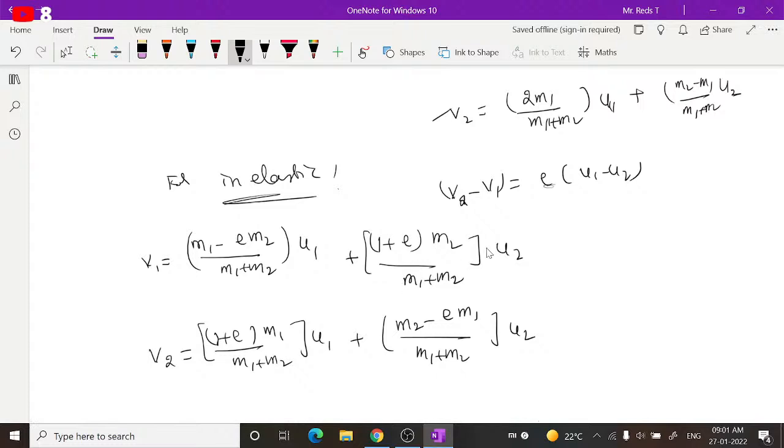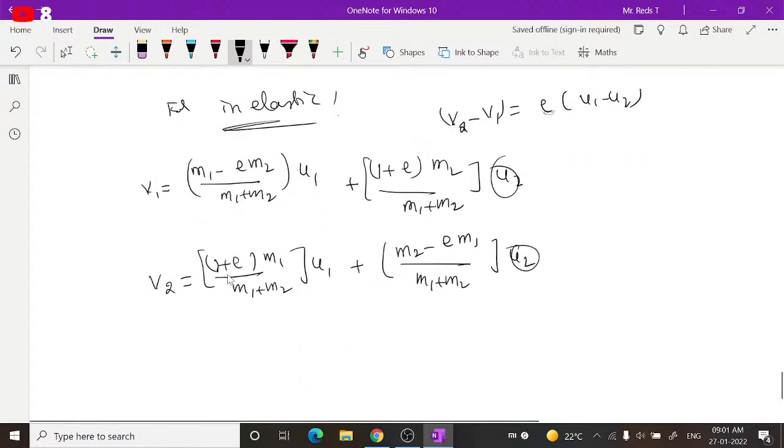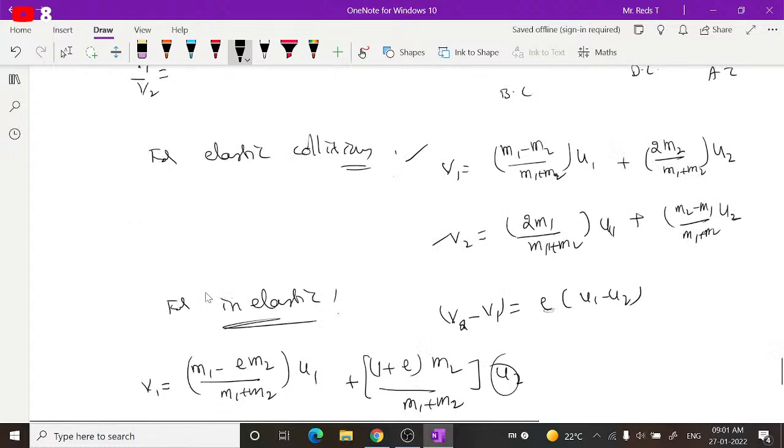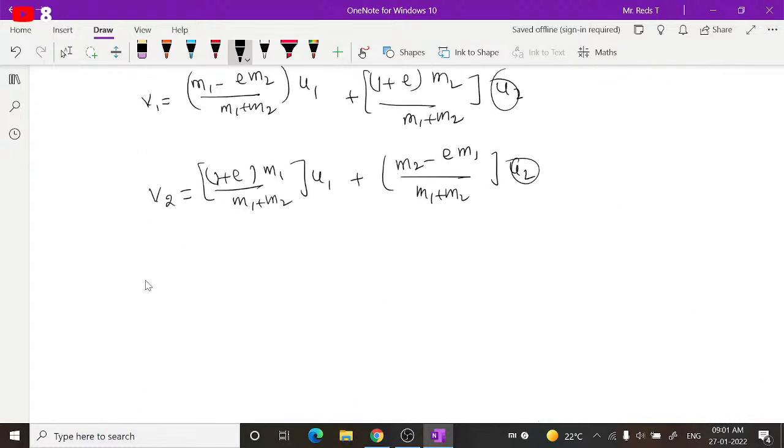If you substitute that this is 0 and this is 0, you get these terms. And if you take the ratio of this, by taking masses equal, here masses are given as m1 is equal to m2 is equal to m, then you will get this ratio. So what you will get here is v1 by v2 is equal to (m minus em).